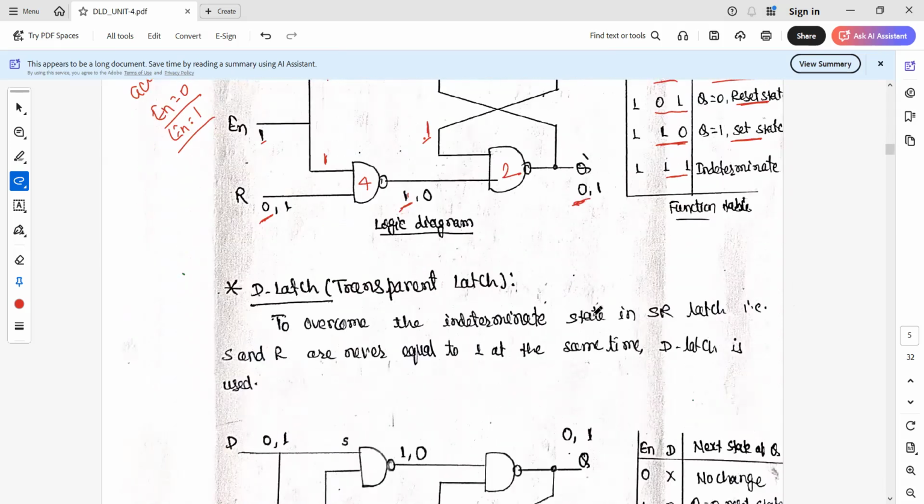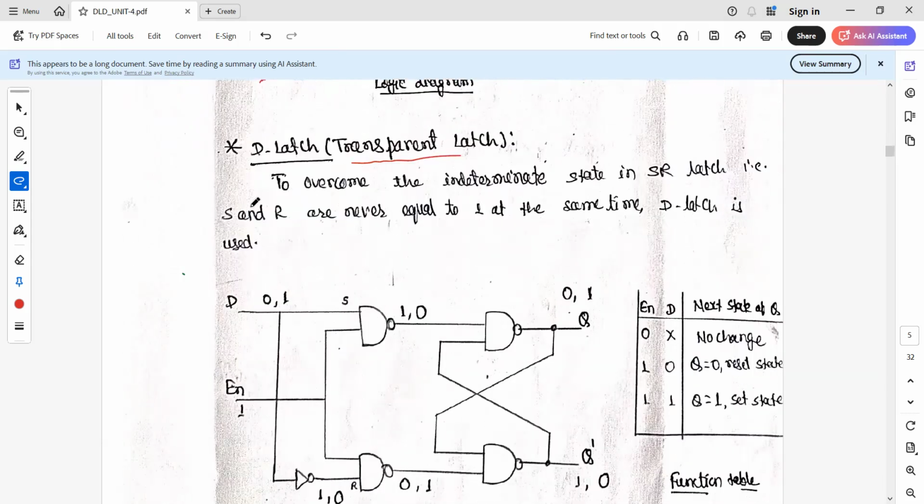So similarly, we have another type of latch we call the D latch. This is also called the transparent latch, since whatever input we give, that input will be available at the output also. So here we can have a small change in the SR latch, and we can have a similar discussion for the D latch also.